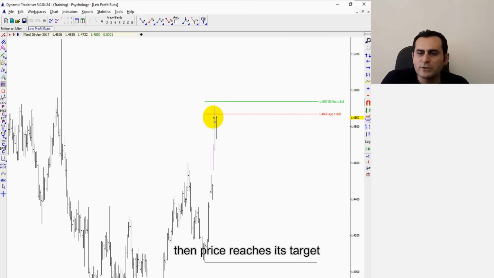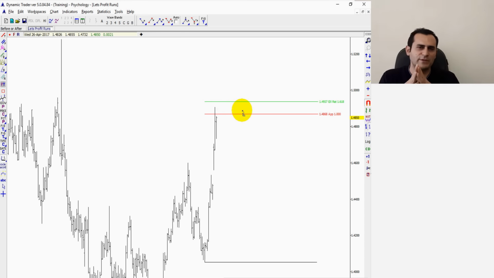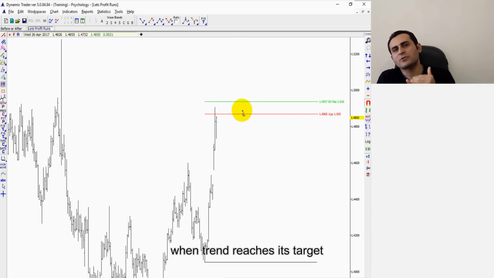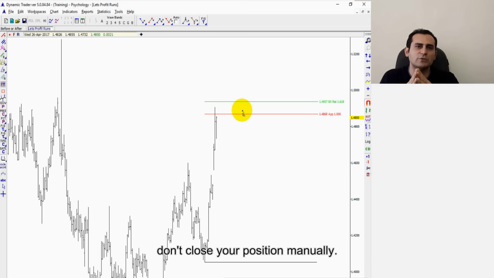Then price reaches its target. Let me tell you something about trends. Trends most likely are like wild horses. Sometimes they run, and it's very good for you to let your profit run with the trends. And I recommend you, when trends reach their target, don't close your positions manually.